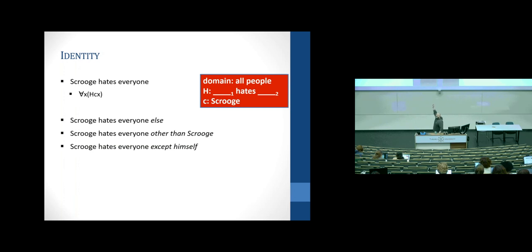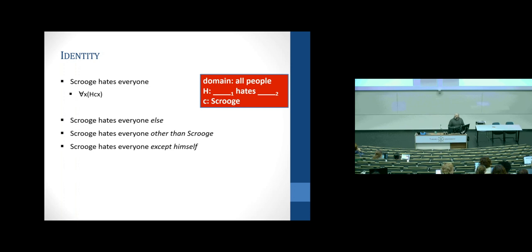We're going to take that same sentence, the universal, that says Scrooge hates everyone, but we're going to add another clause. And we're going to say Scrooge hates everyone who isn't him. That is, it's not the case that x is identical to Scrooge.